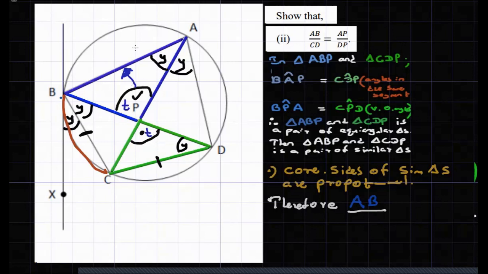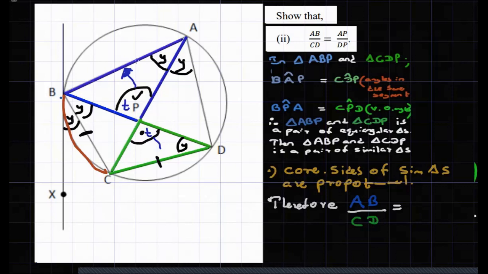So where is AB in the blue triangle? In front of angle T. And in the green triangle, what's in front of angle T? That is CD. So AB and CD are the corresponding sides. So what do you write in the denominator? CD. This ratio is definitely equal to the ratio of the other two corresponding sides.